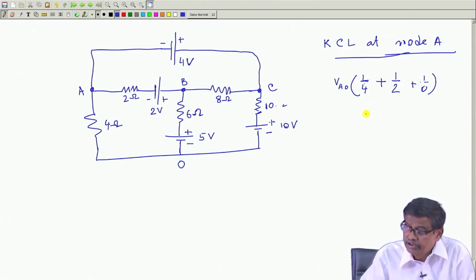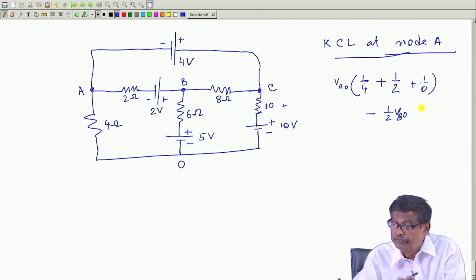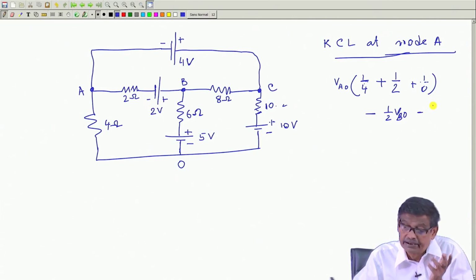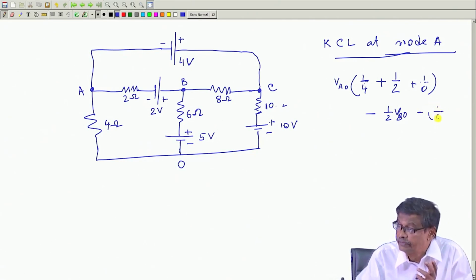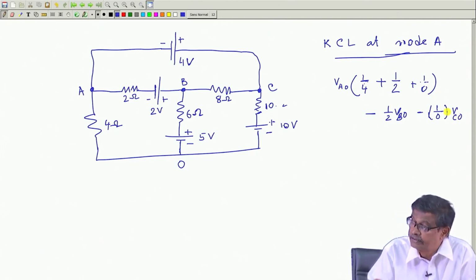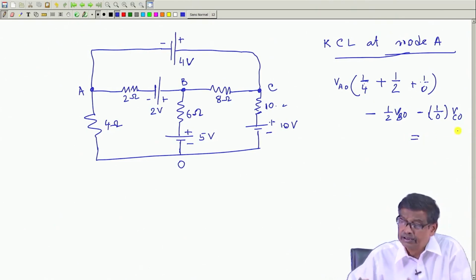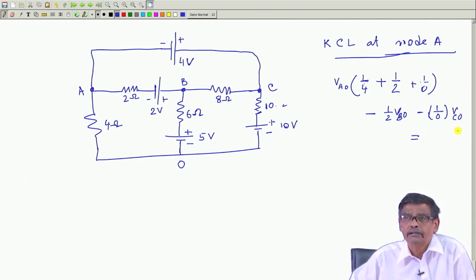Then the coefficient of V B 0 will be minus 1 by 2, and the coefficient of V C 0 once again is a dreaded term, 1 by 0, because the common resistance between A and C is 0 resistance, and this should be equal to the sources, and there will also be some problems.